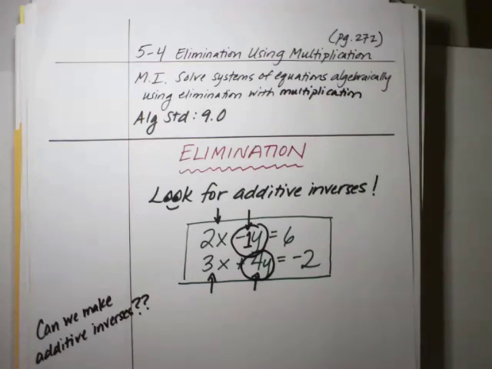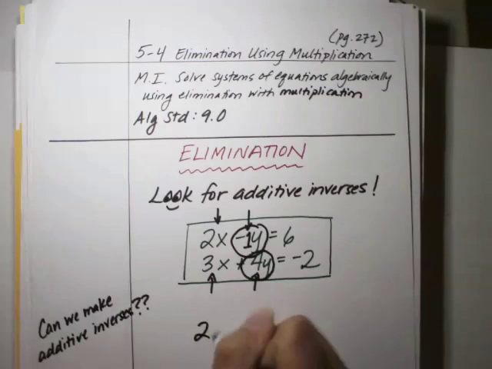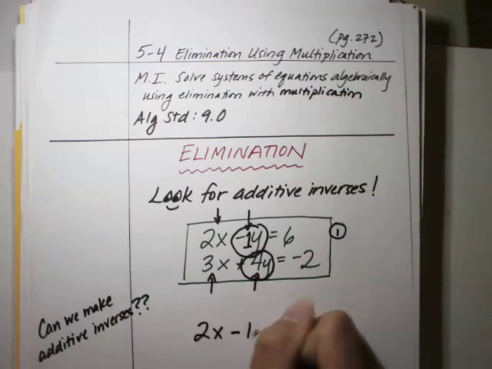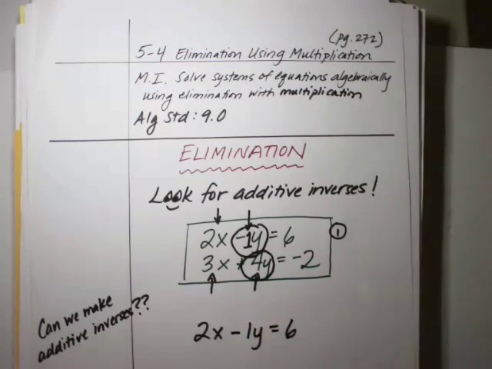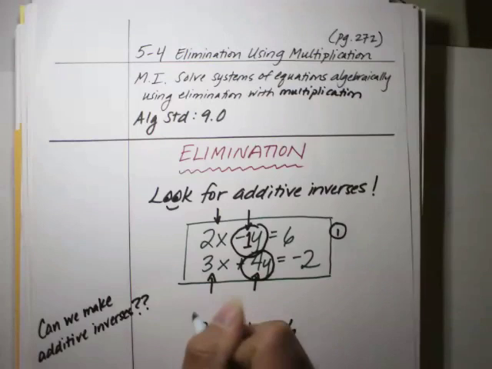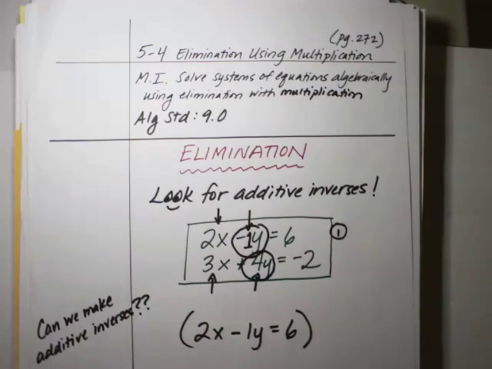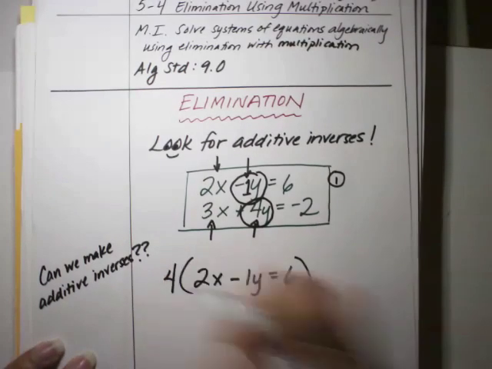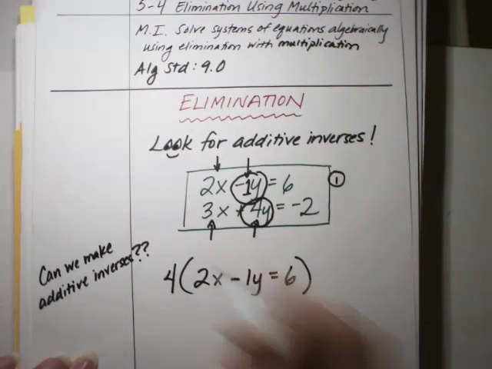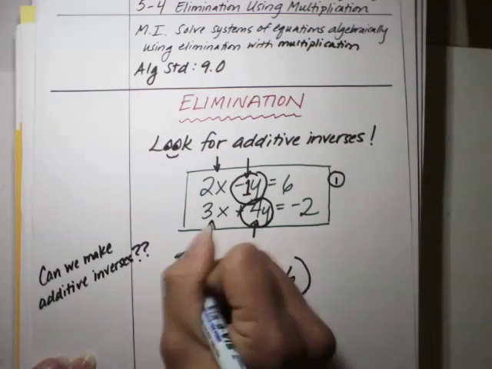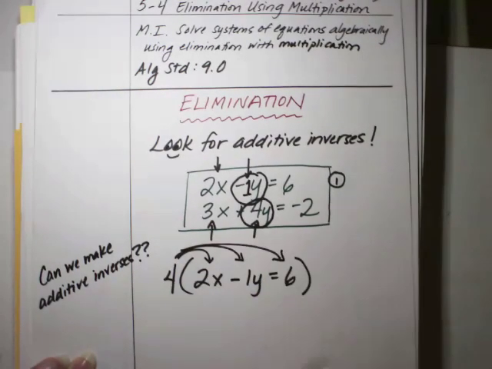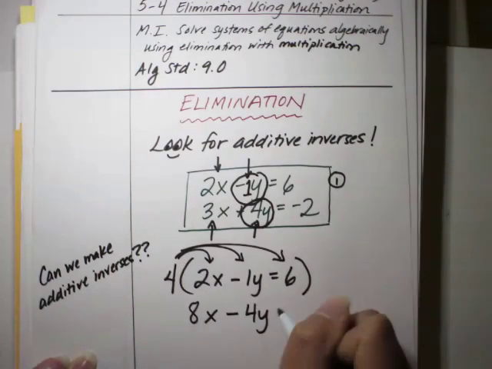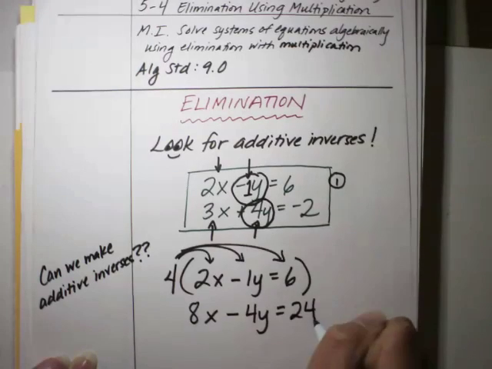So what I can do, let's rewrite the first equation. And using our multiplication, we can multiply or scale this entire equation by a factor of 4. If I multiply 4 and distribute that 4 into the entire equation, I will have 8x minus 4y equal to 24.